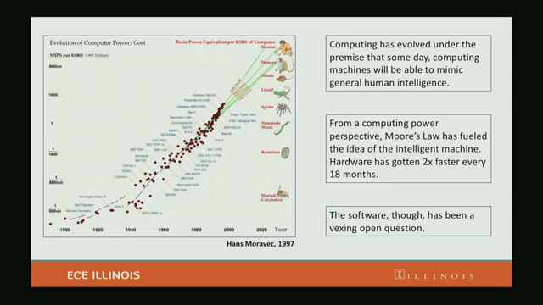Back in 1997, a computer scientist, Hans Moravec, put this together that relates the computing power of artificial machines and biological machines.